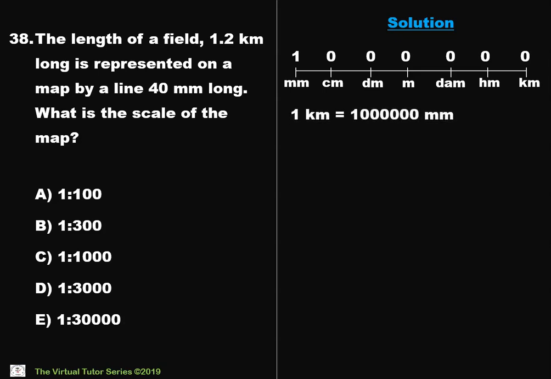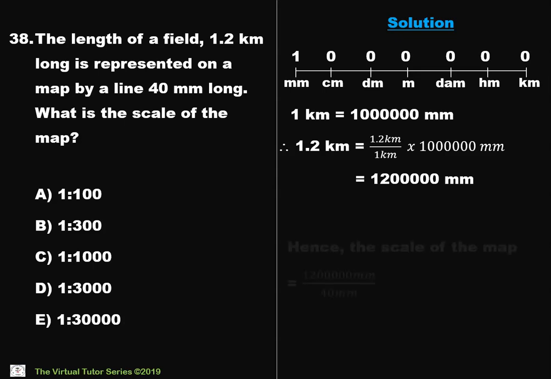If more, let's multiply. Therefore, 1.2 kilometers is equal to 1.2 kilometers over 1 kilometer times 1 million millimeters. This results in 1,200,000 millimeters. Now, to determine the scale of the map, we need to divide the length of the field on the ground in millimeters by the length of the field on the map in millimeters.